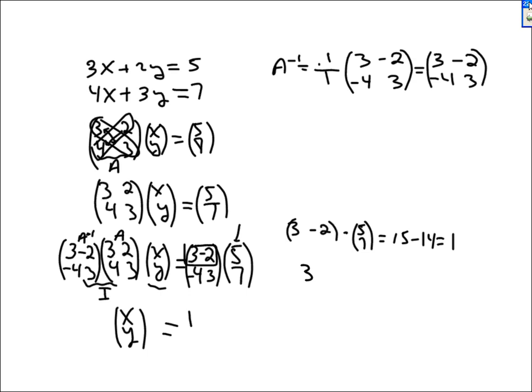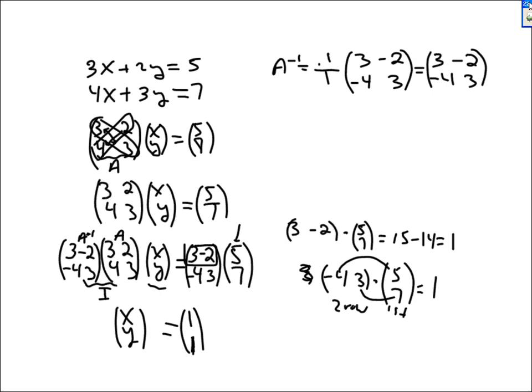I take the second row, and I dot it with the first column. And I get -20 plus 21, which is 1. Second row, first column. Oh, that goes right here. So I'm done. X is 1, Y is 1.